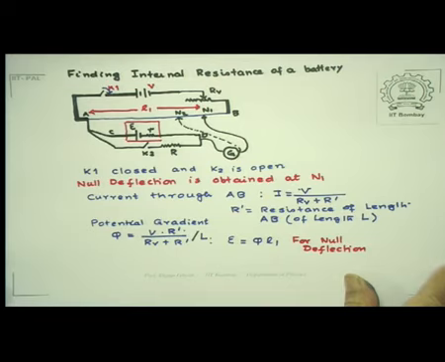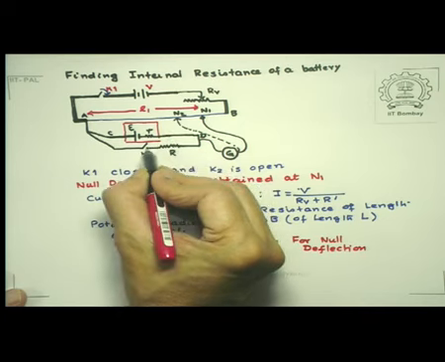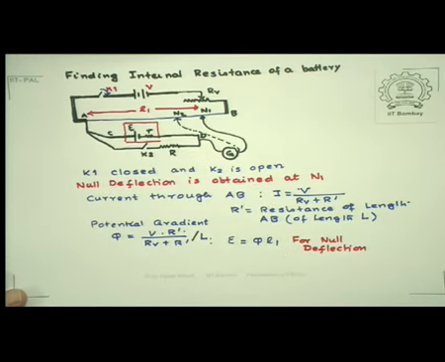Now in the second part of the circuit, I will also close K2. Now let's see what happens when K2 is closed. Now when K2 is closed, this source of EMF E sends a current through this part of the circuit. Now at that stage what happens is this, that I again adjust the length so that the null deflection is obtained at a point N2.